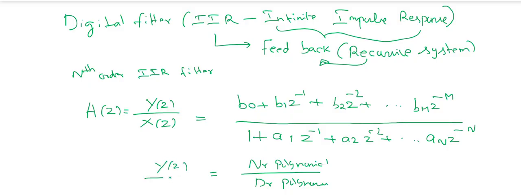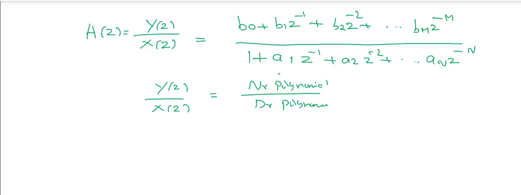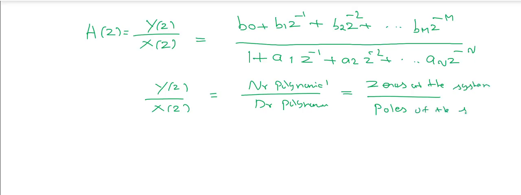The numerator polynomial coefficients are called zeros of the system and the denominator polynomial coefficients are called poles of the system.